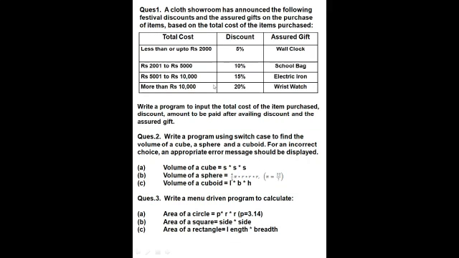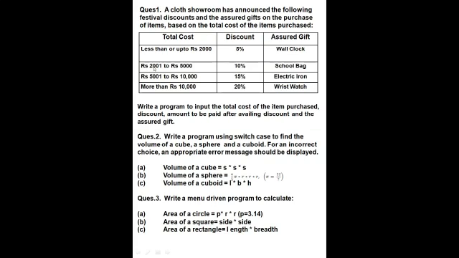Now this is another question. This is the discount question. Suppose a cloth showroom has announced the following festival discount. If the total cost is up to 200, the shopkeeper gives 5% discount and a wall clock as an assured gift.